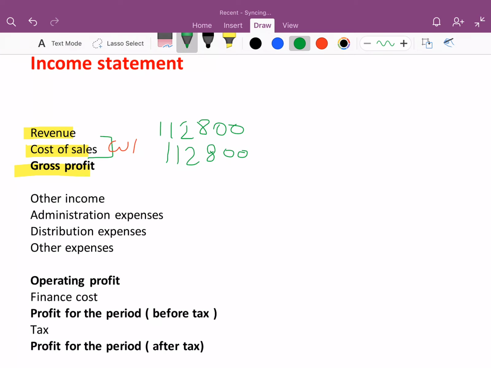This is just by coincidence. And then the gross profit, how you're going to work out the gross profit is the revenue less cost of sales will give you the gross profit. So it's 0 because this less this is 0. And then we don't have any other income.